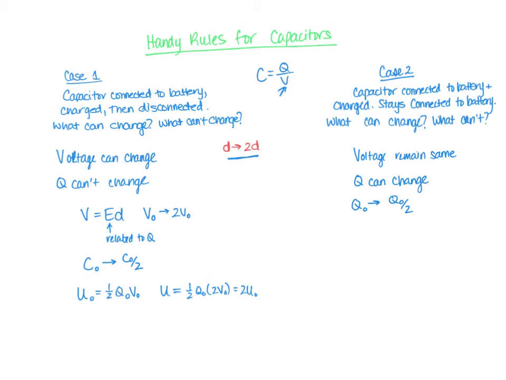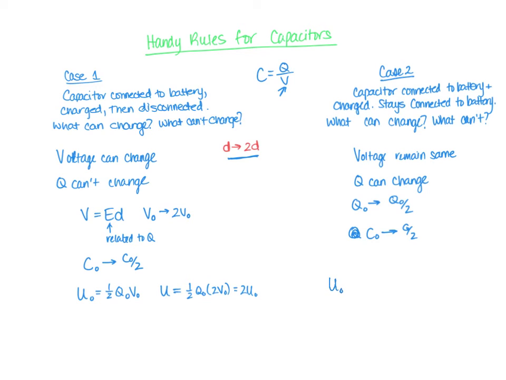Now, taking those two into account, how will the capacitance change? The capacitance will actually become half of its original value, like it did in the first example, because of the increase in the distance between the plates.